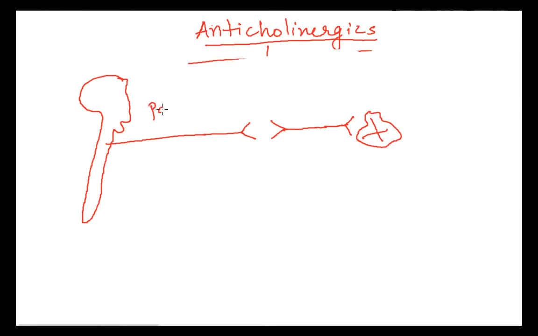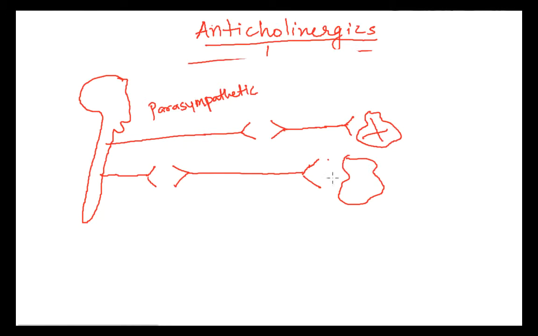So this is a parasympathetic innervation. You have sympathetic ones. The preganglionic is shorter in case of sympathetic, and the postganglionic one is longer, and you have your organ here.